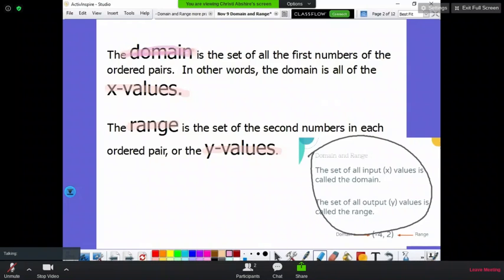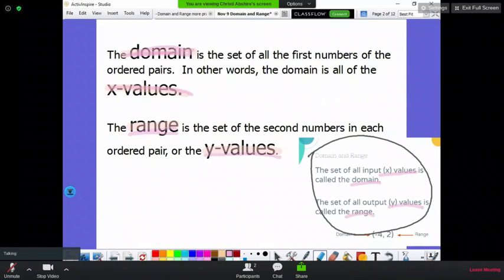The domain is all of the x values, which is what we said here, x values, domain. Then we have the range. The range is the set of the second numbers in the ordered pair, or the y values, which we stated a little bit differently when we started the unit, that the set of the y values is called the range.